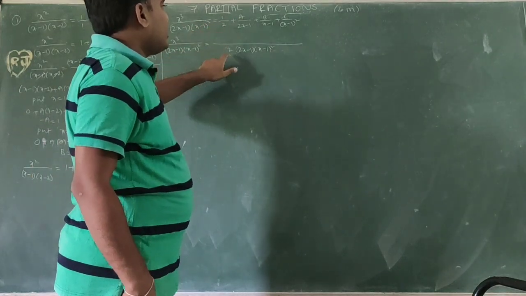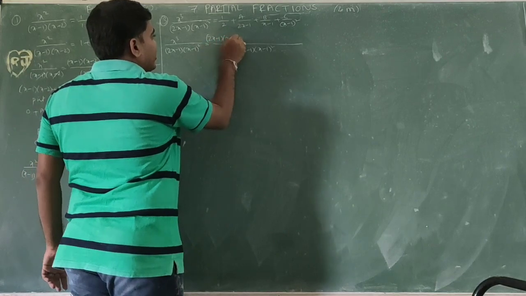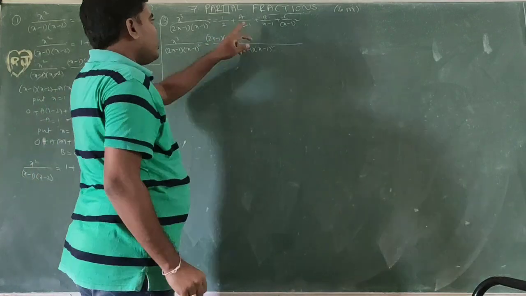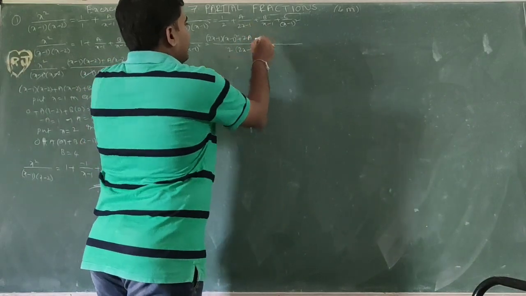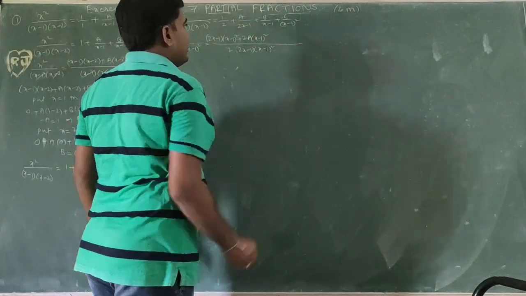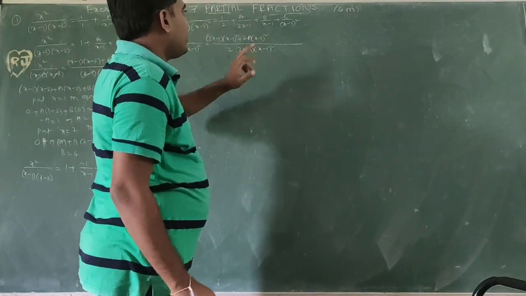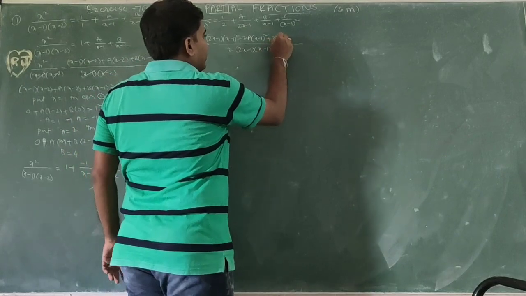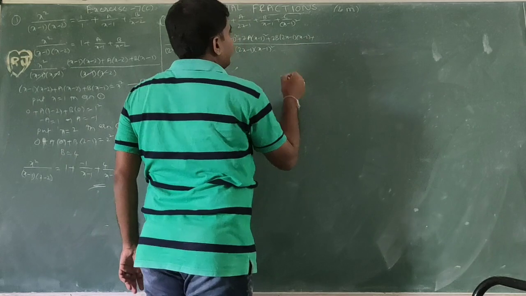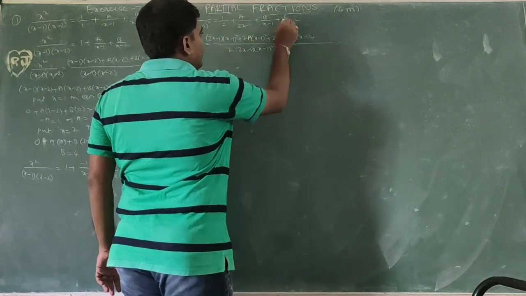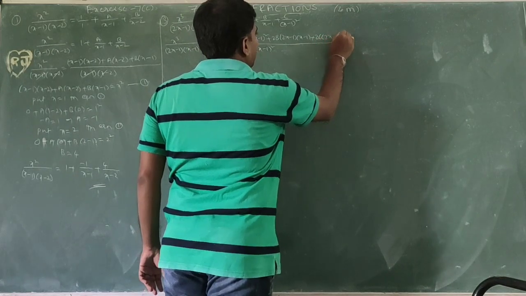Other than 2, (2x minus 1)(x minus 1) whole square, plus other than 2x minus 1, 2a (x minus 1) whole square. Other than x minus 1, leave (2x minus 1)(x minus 1), plus 2b (2x minus 1)(x minus 1), plus 2c (x minus 1) whole square, plus 2c of (2x minus 1).